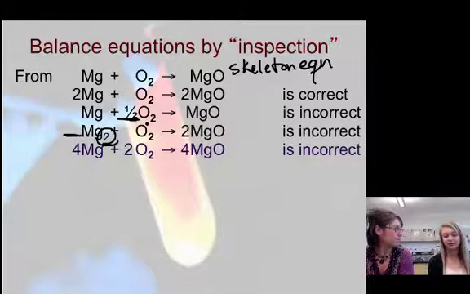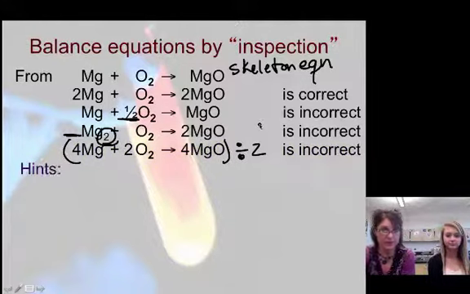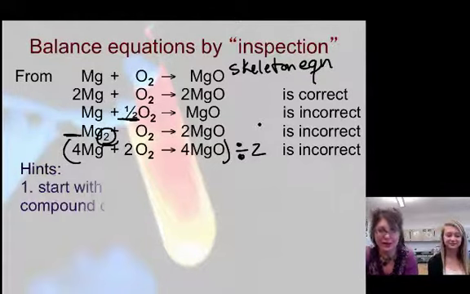It's not correct because you can reduce it. Right. This is not in simplest terms. We would have to divide this whole thing by 2, and then it would be right. I think that's all the different ways to write it that would be wrong. I'm sure somebody's going to make one of those mistakes, and I'll get to say, I told you so. But that's okay. It's a learning experience.